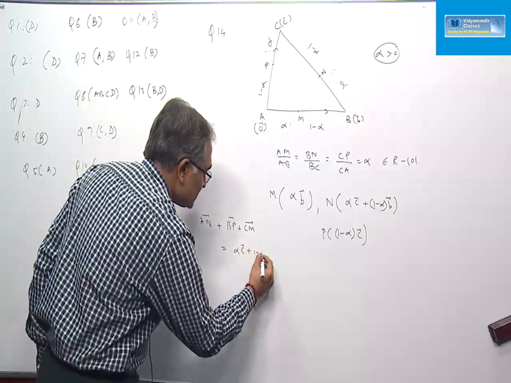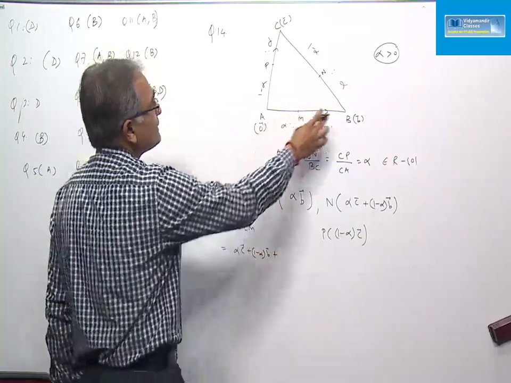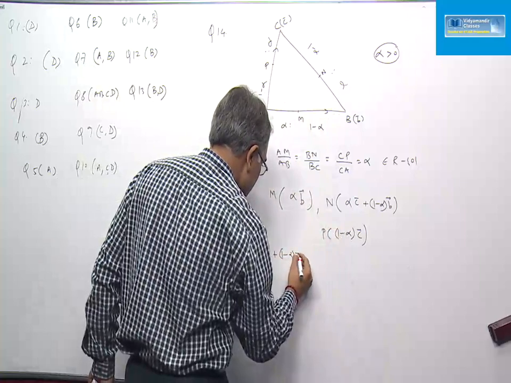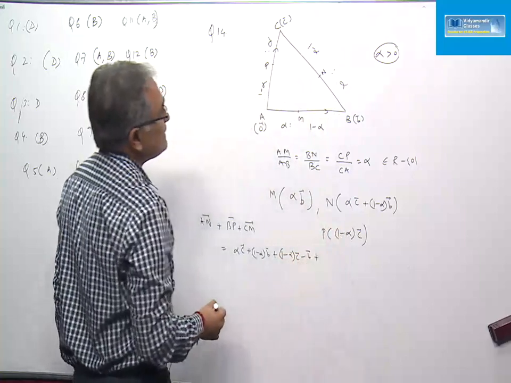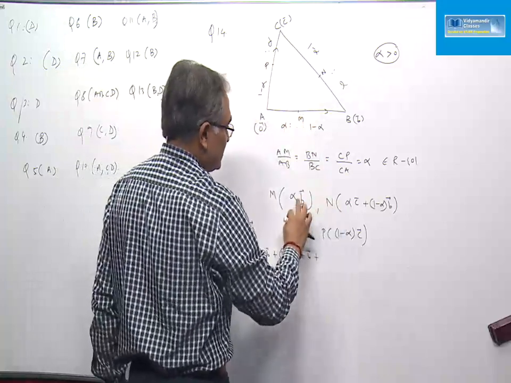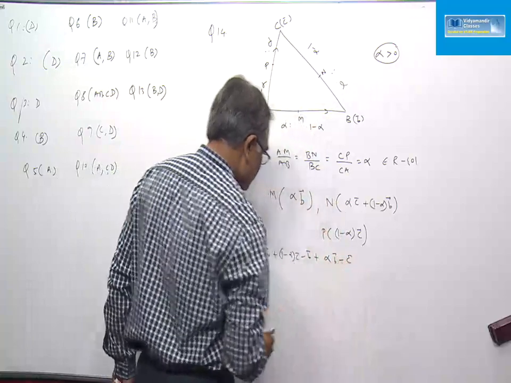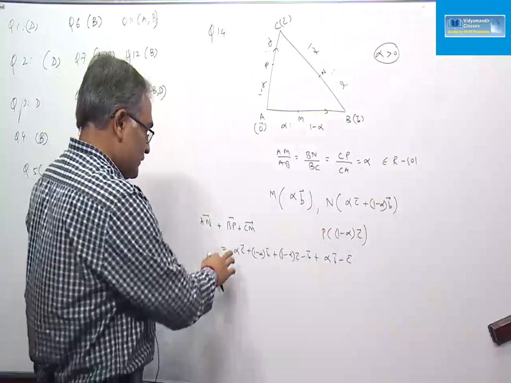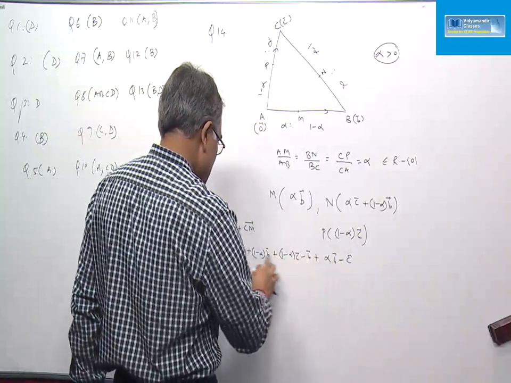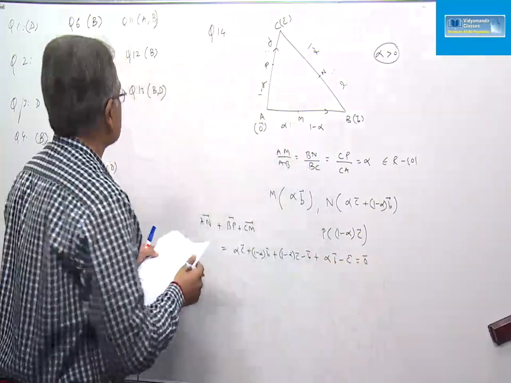BP is P minus B, that is 1 minus alpha c minus b. CM is the position vector of M minus C, that is alpha b minus c. Alpha c minus alpha c gone, plus c minus c gone, minus b plus b gone, minus alpha b plus alpha b gone. That is the null vector. It is clearly a null vector. A is correct.